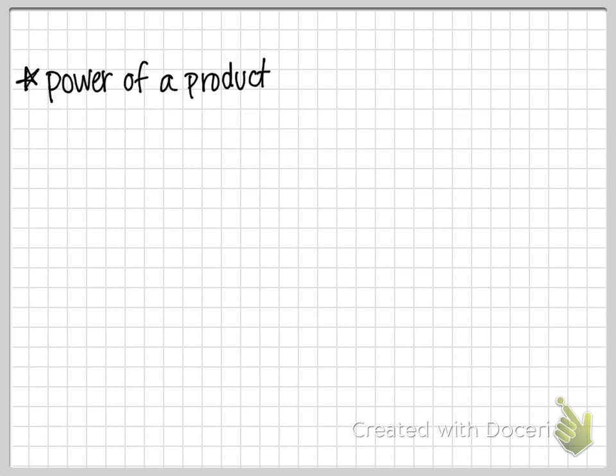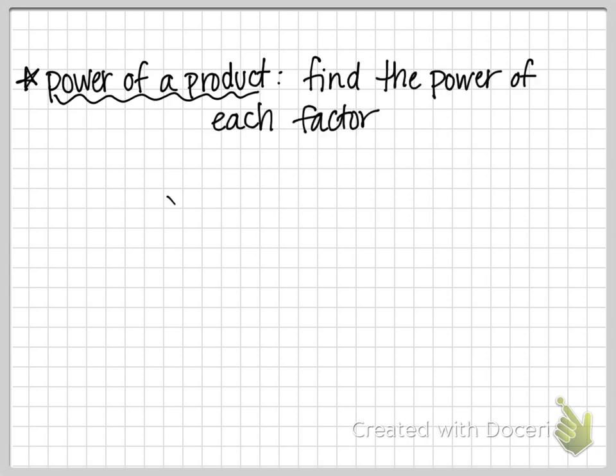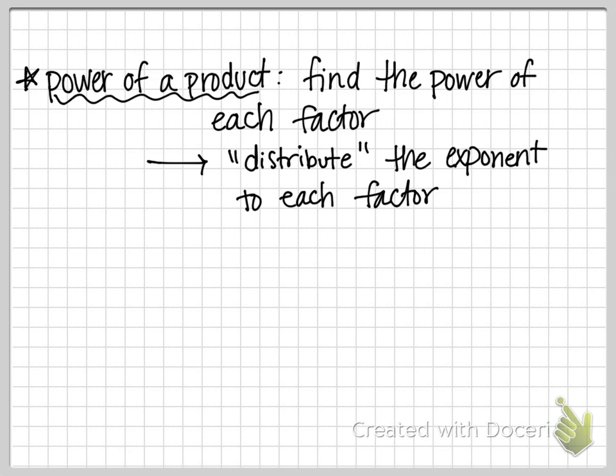First we have power of a product. This is where we have two factors inside the parentheses, something multiplied by something else, and that whole thing is taken to a power. In that case, we distribute the exponent to each of the factors.